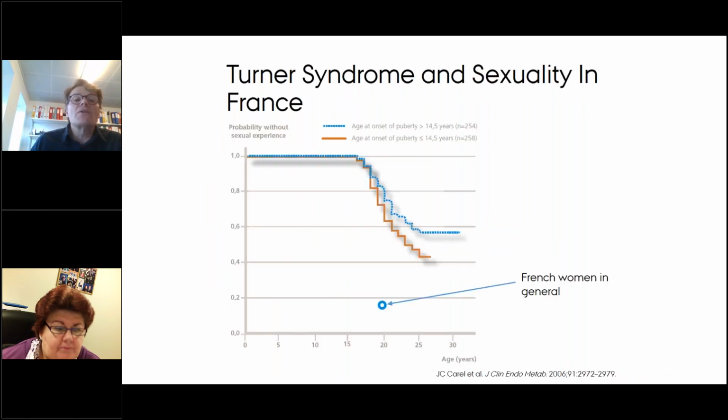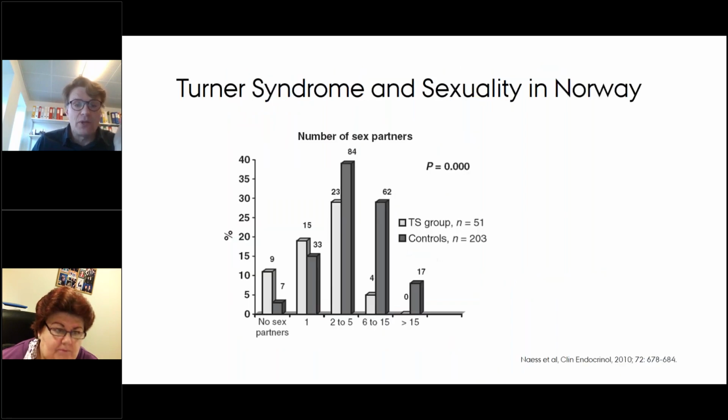They noted also that the later puberty had been induced, the later, or not at all, had these Turner syndrome females had sexual encounters or romantic endeavors. So that stresses the need to induce puberty, I think, at an age that is appropriate.